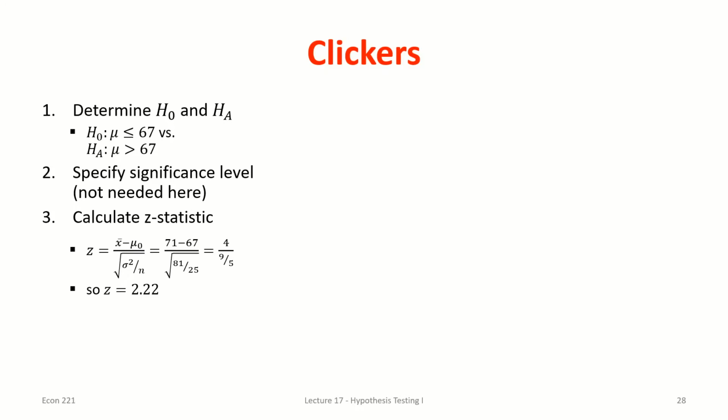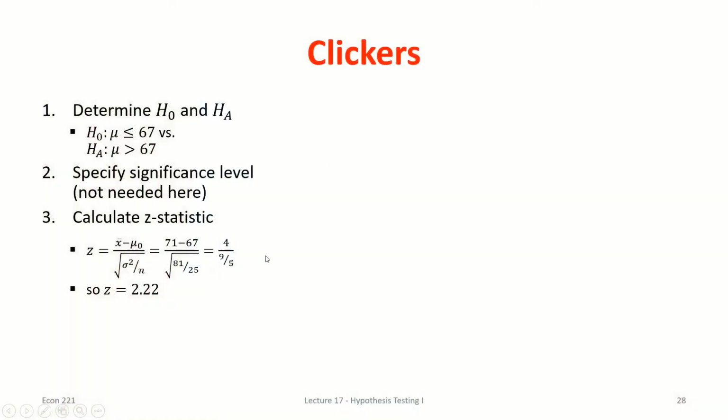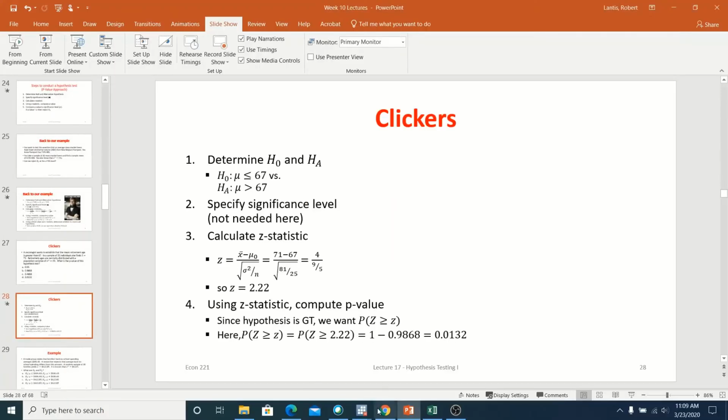He's excited. So we've got this test statistic of 2.22. How can I find my p-value? Well, let me go to my tables here real quick.